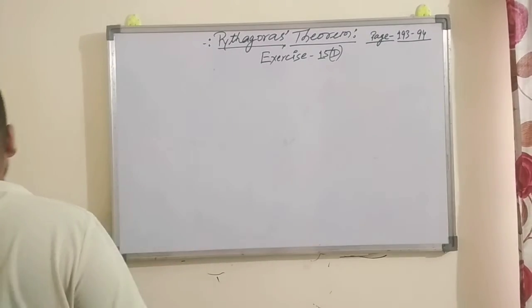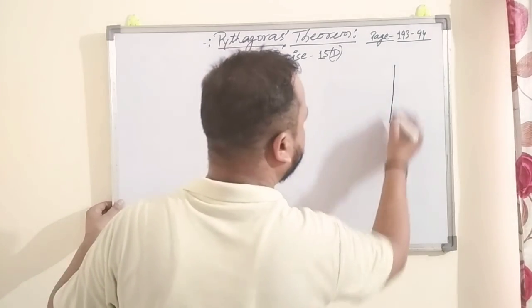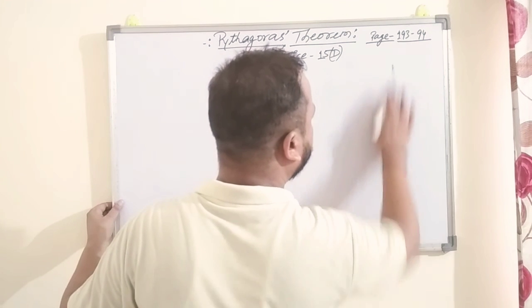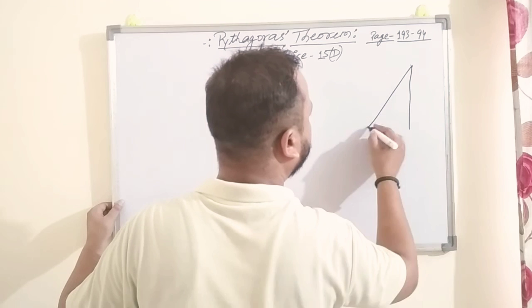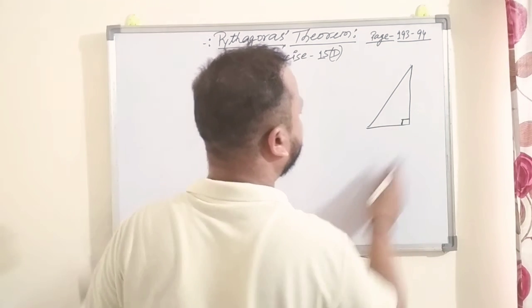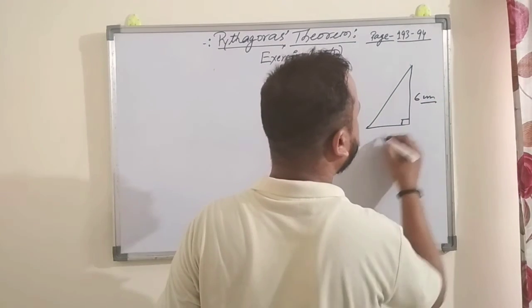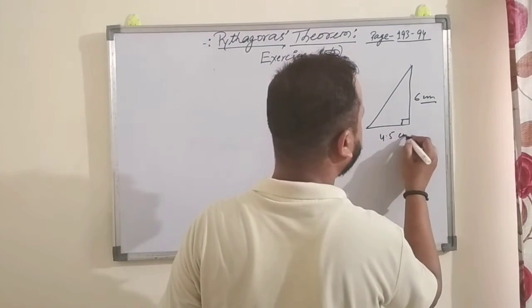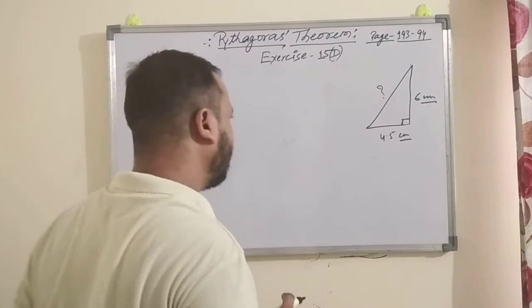You have to find the length of the hypotenuse. This is a right angle triangle. Suppose this length is 6 cm and this is 4.5 cm. This length you have to find out.